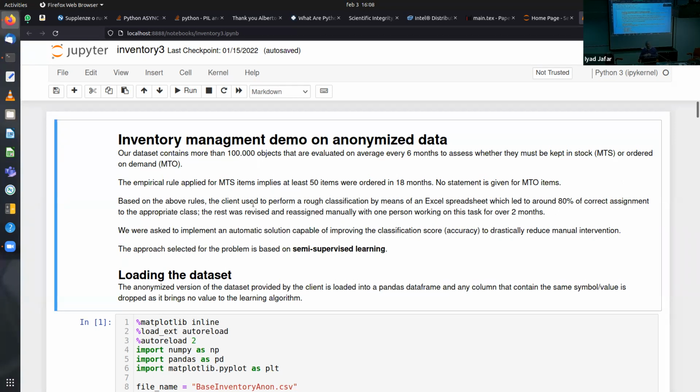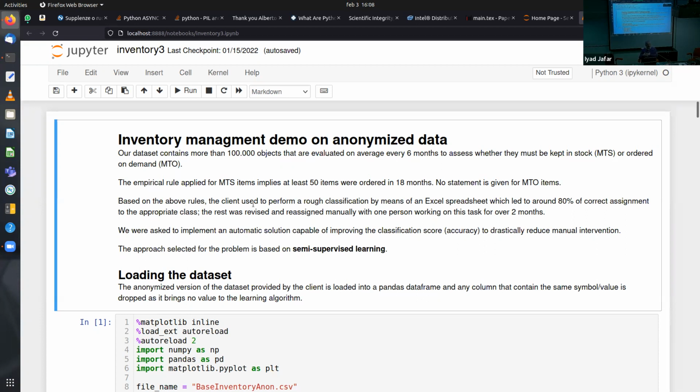And so there were a couple of persons that used to do this every 6 months for more than 3-4 weeks. It's a very expensive task in terms of time and in terms of money, because those persons were engaged in this activity for a lot of time.